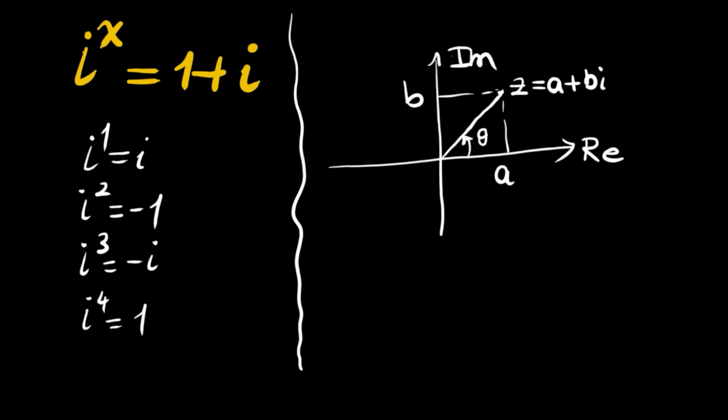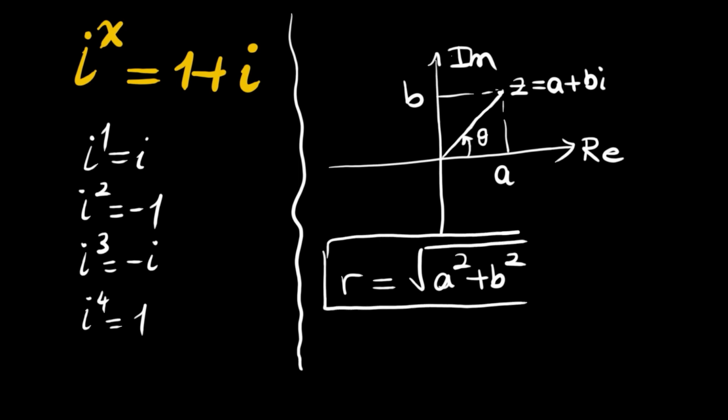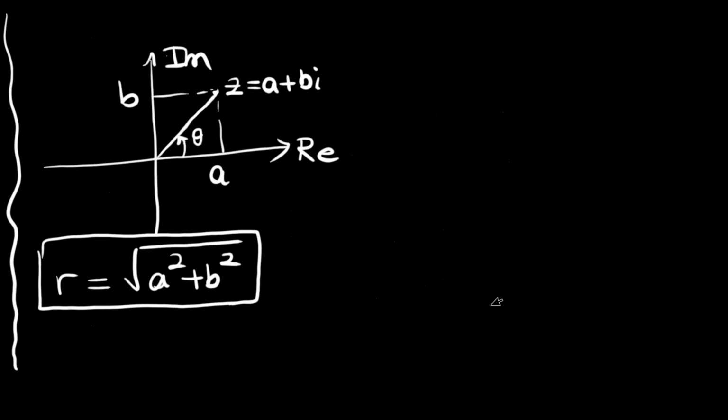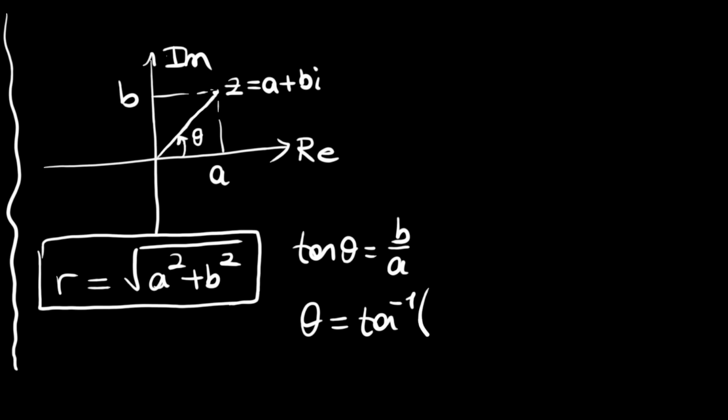We will have r, the length of our complex number, the modulus. This is equal to the square root of a squared plus b squared from the Pythagorean theorem, and theta is, let me show you, tangent theta is equal to b over a. Then theta is the arctangent, the inverse tangent, of b over a.